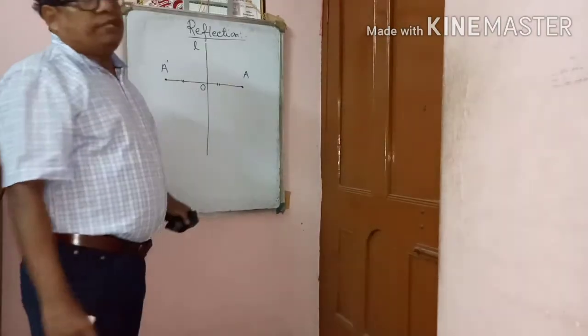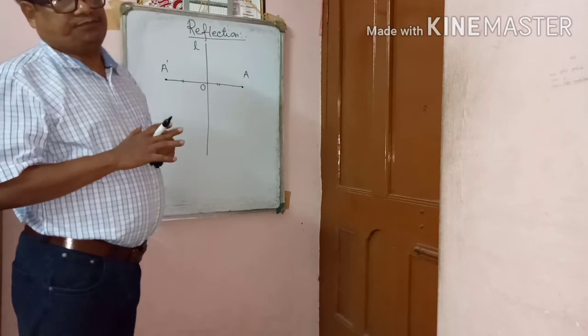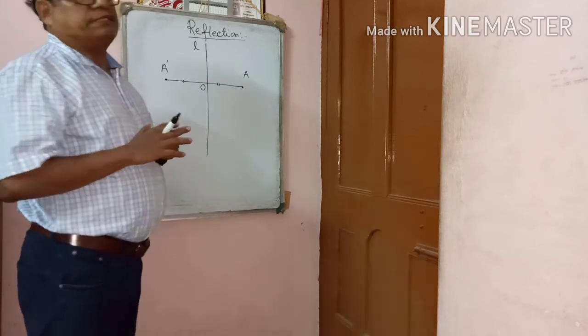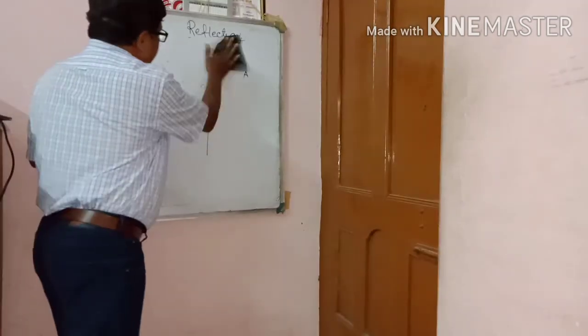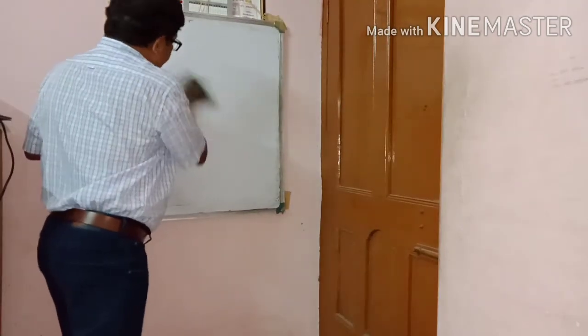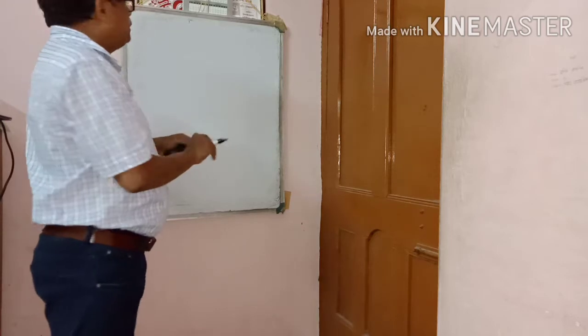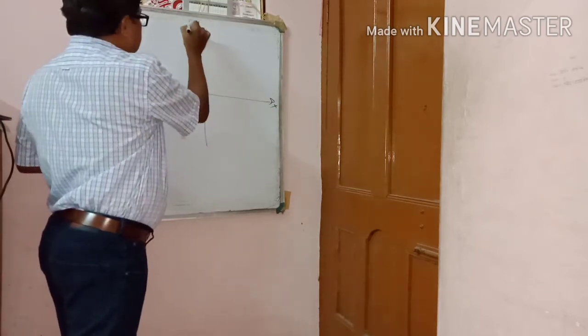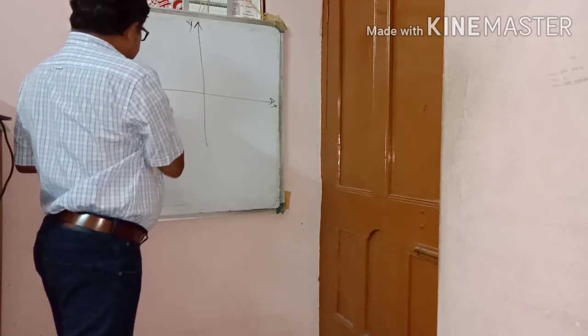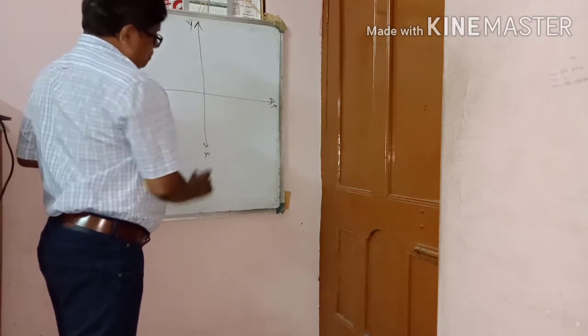Now I am explaining here. Reflection of a point in the x-axis. Suppose first you draw the axes: x-axis, y-axis, x dashed, y dashed.